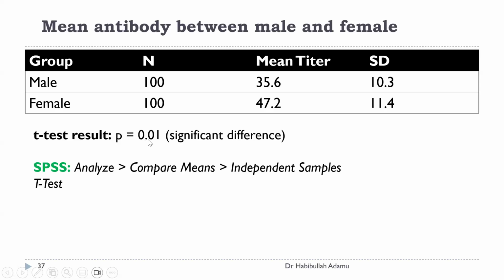They say p is 0.01. And our cutoff for interpreting the p-value yesterday, we said, is what? 0.05. So 0.01 is less than 0.05, which means it is what? Statistically significant. So that means there is a difference between the antibody titer of males and females as far as this result is concerned. So this one is just to guide us.